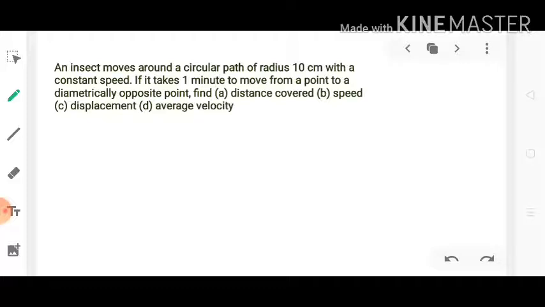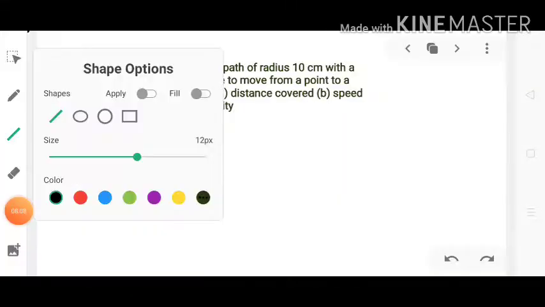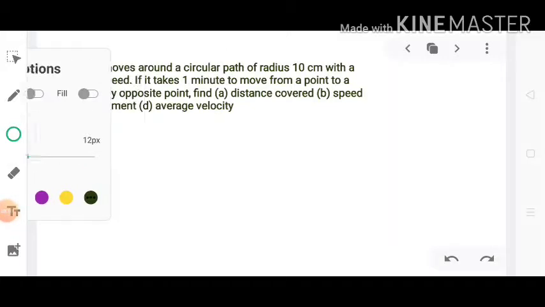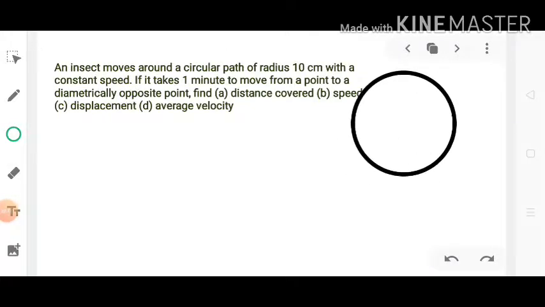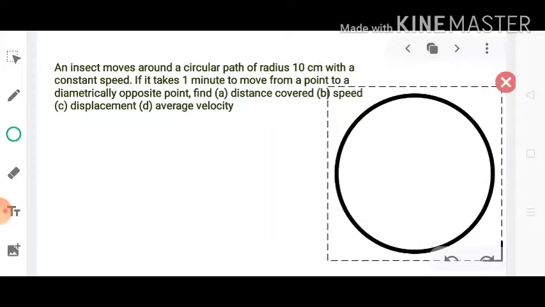So using the given values, we have to find 4 different values: distance, speed, displacement, average velocity. Now we need to visualize the path followed by the insect during its entire course of journey. For that, let us draw the path followed by the insect.